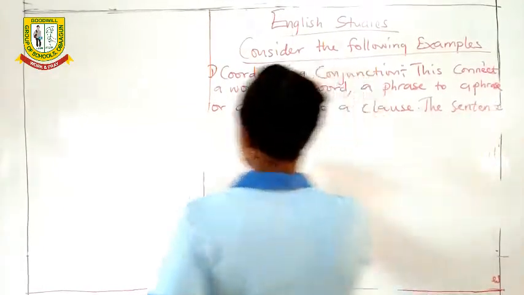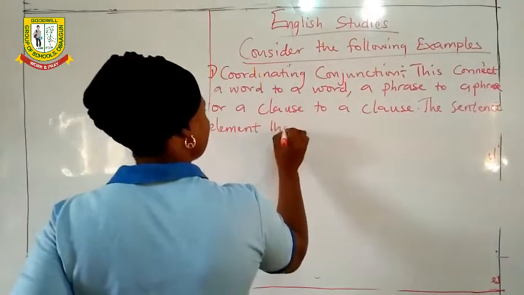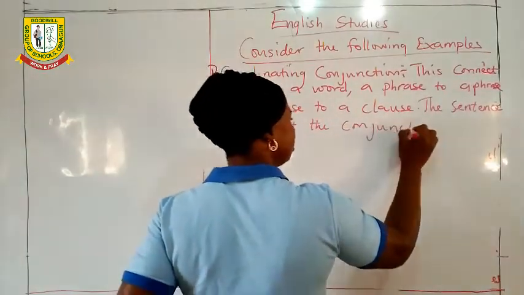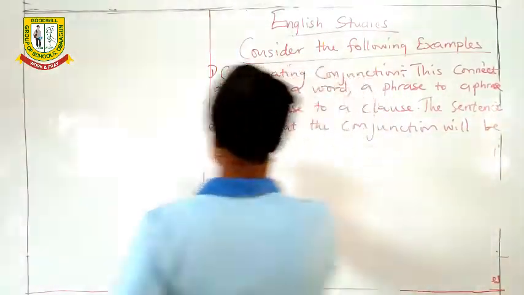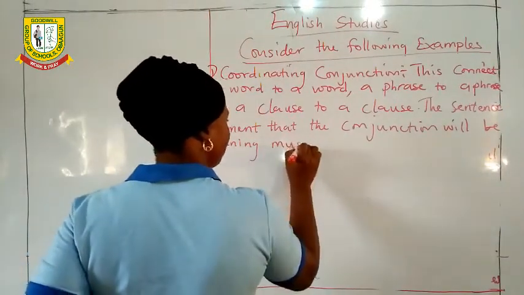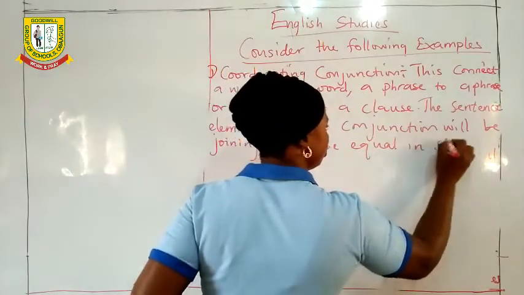So the sentence elements that the conjunction will be joining must be equal in structure.